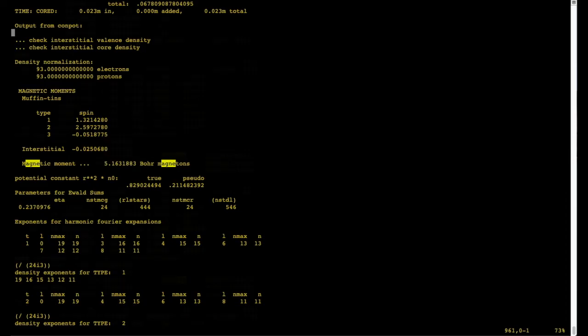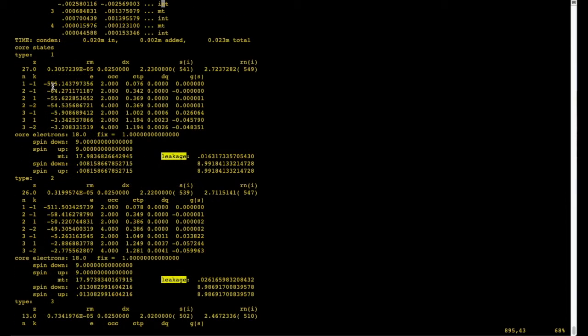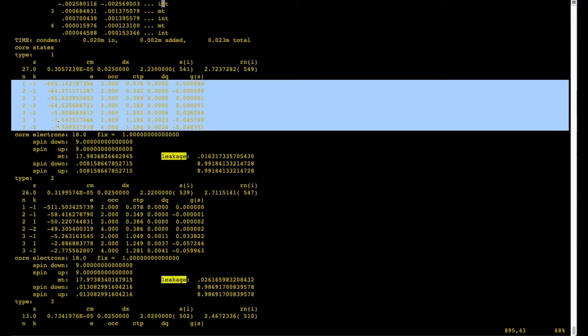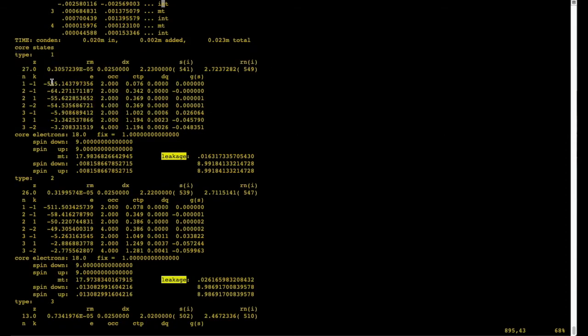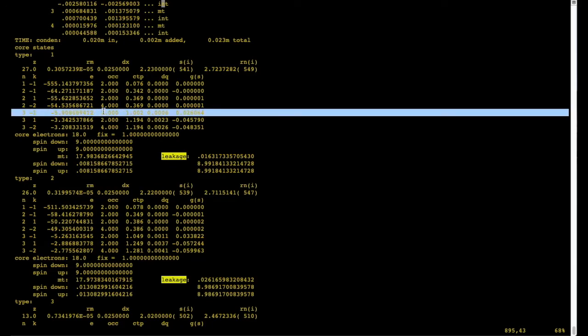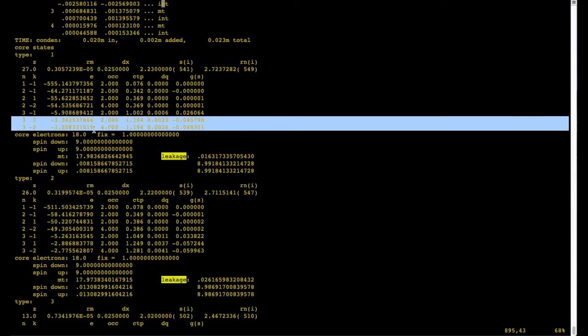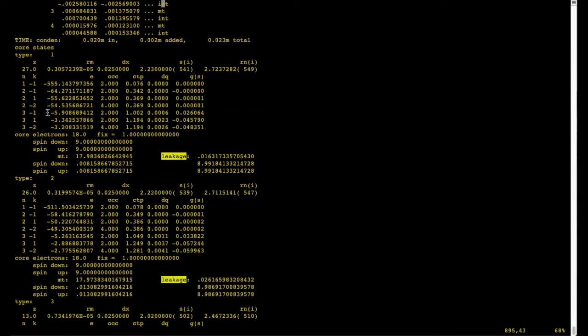So what changed? Here are the calculated core states for each element in our unit cell. So this is cobalt. Now we have these 3s and 3p states. This is their energies.